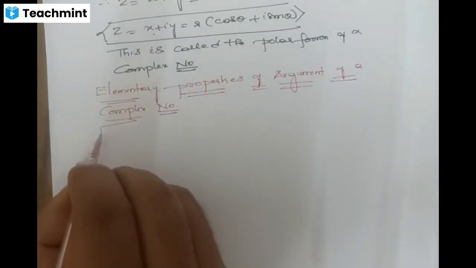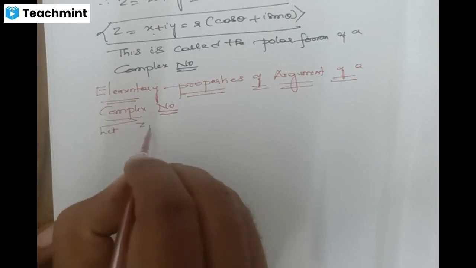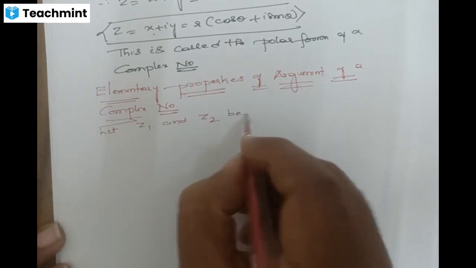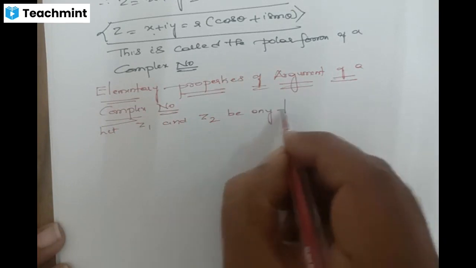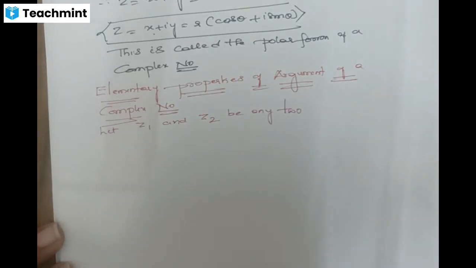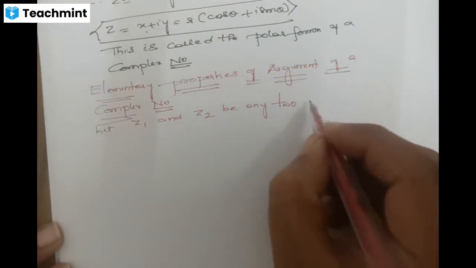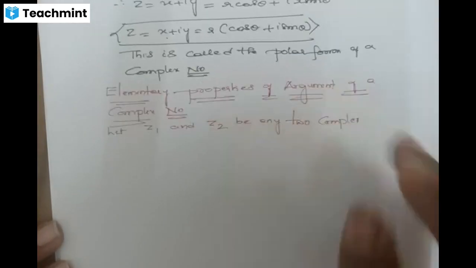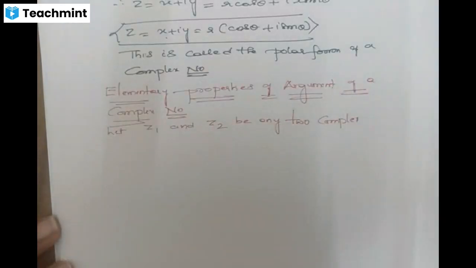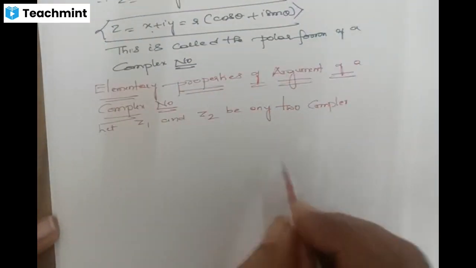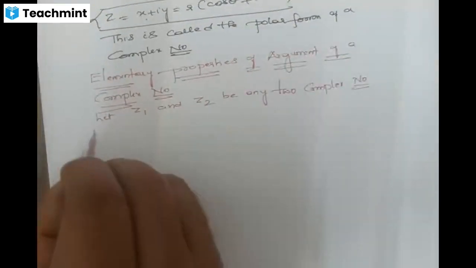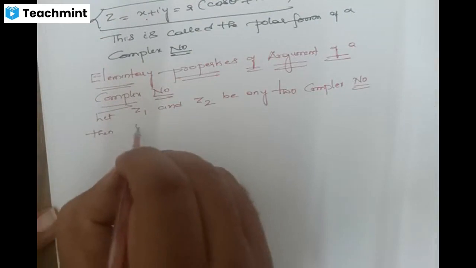So in that, I will take two complex numbers, let z1 and z2 be any two complex numbers, then the two identities we have to prove.